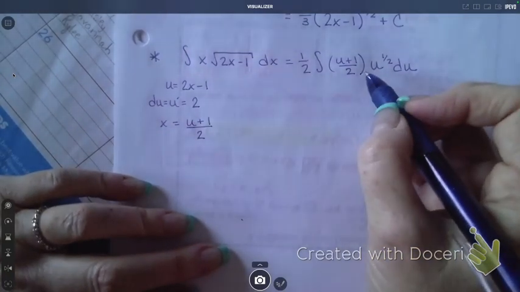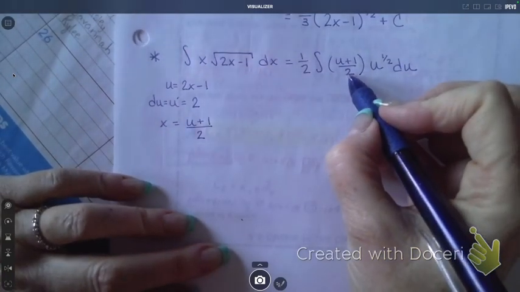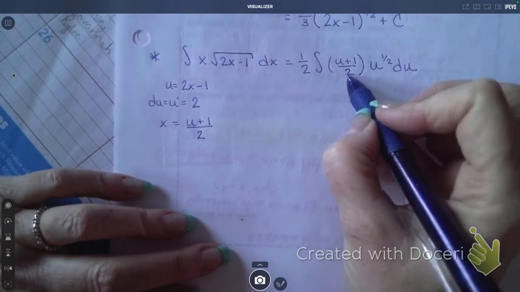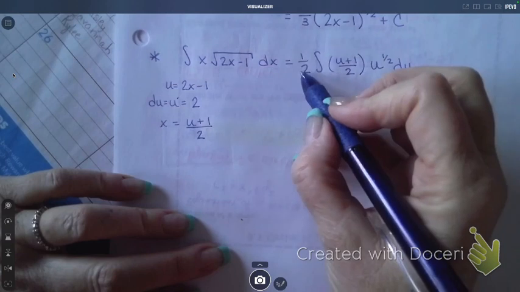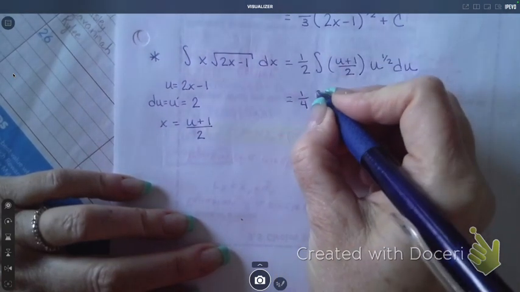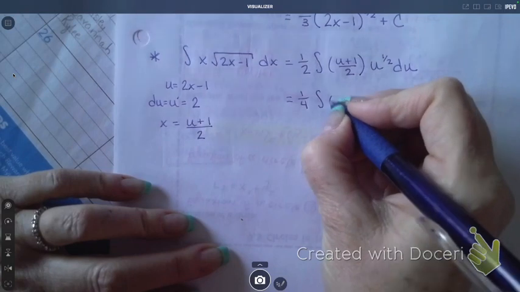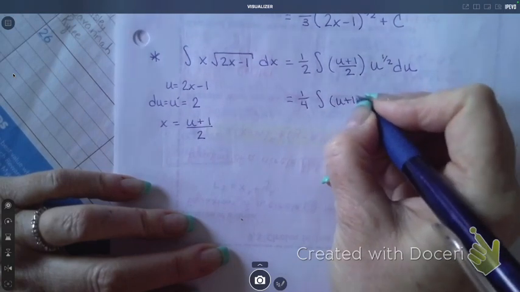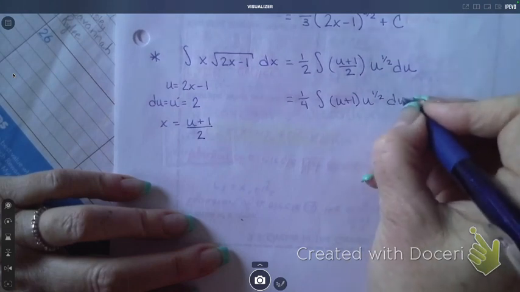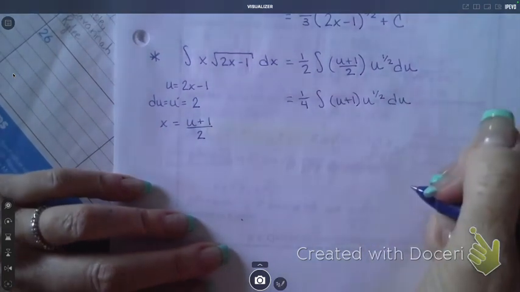Yes. Okay, so this 2 right here, can I bring out another half? Yeah. So that would be 1/4 the integral of (u plus 1) times u to the 1/2 du. Looks a little better, right?